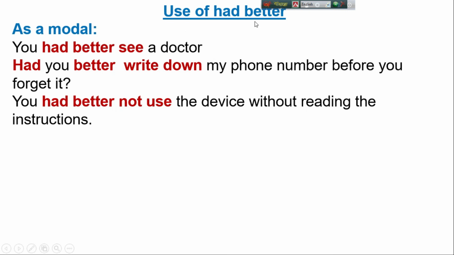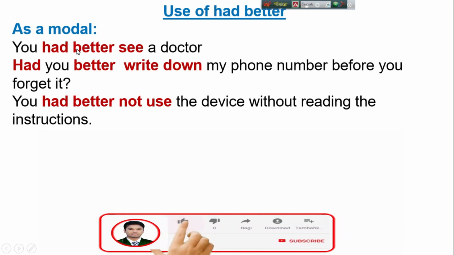Use of had better as a modal auxiliary verb or semi-modal auxiliary verb. You had better see a doctor. Here see is the main verb and had better is the auxiliary verb. Had you better write down my phone number before you forget it?